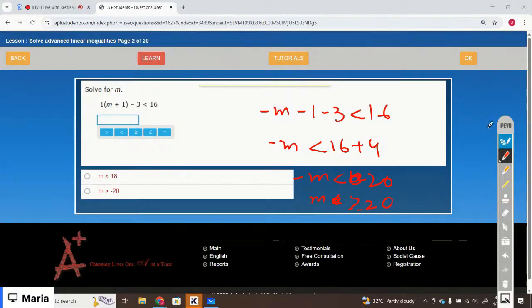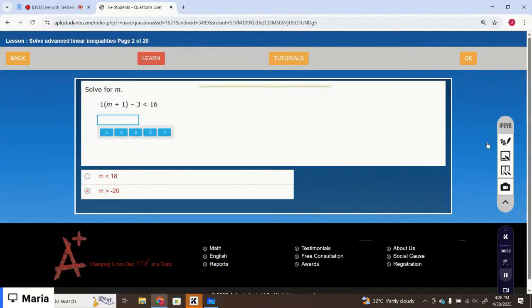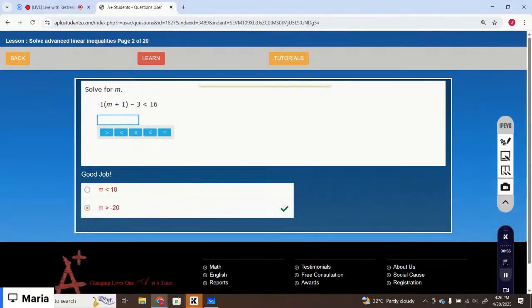Option number 2 is the correct option. That is m is greater than negative 20.